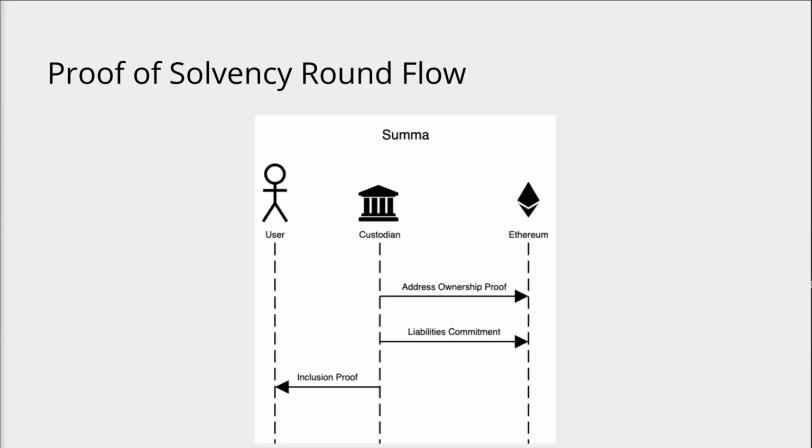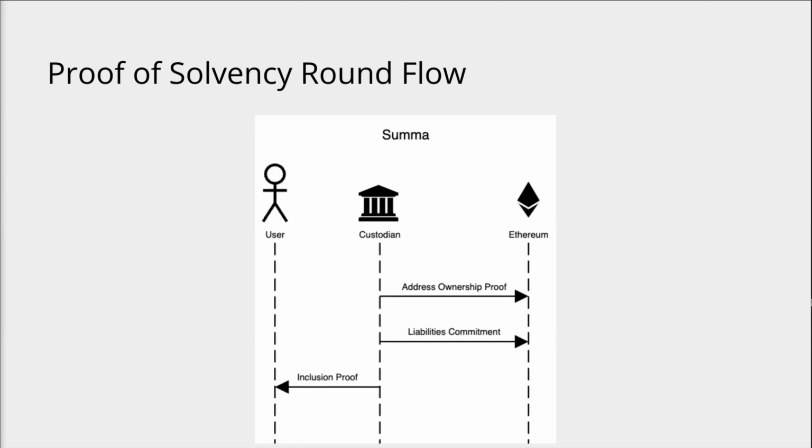The second one is the commitment associated with the custodian's liability. It's basically a data record that includes the root of the Merkle tree and the total balance of each currency and other relevant information at the specific round. Unlike the proof of ownership, the custodian must submit this commitment in every round.